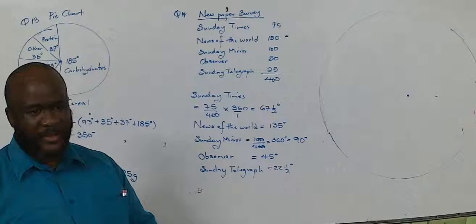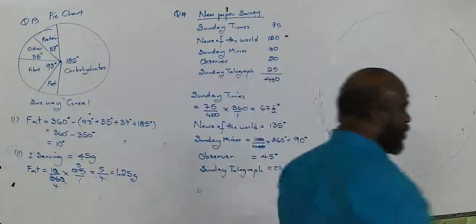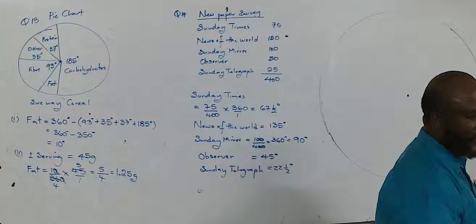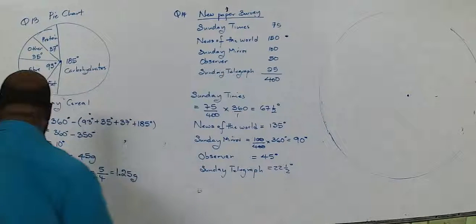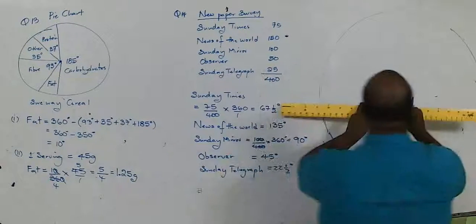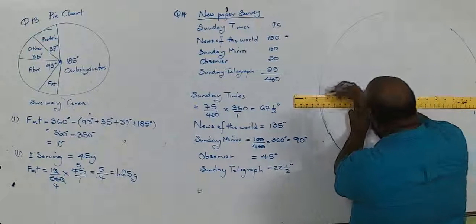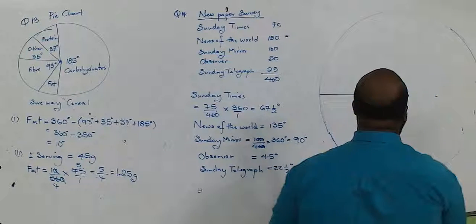I have my circle, don't I? So now I'm not ready to finish. This is what I normally do. Next, I will draw a horizontal line to the left. So from the center, I draw a horizontal line to the circumference. This is my starting point. That's my starting line.